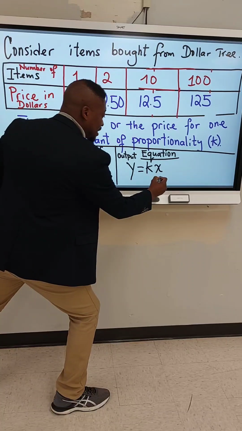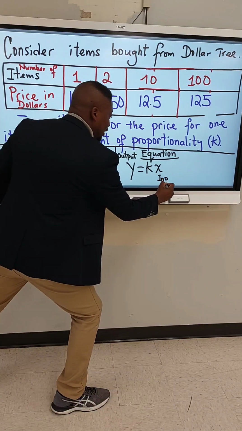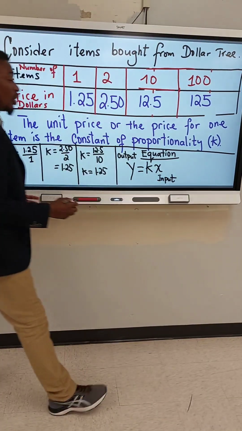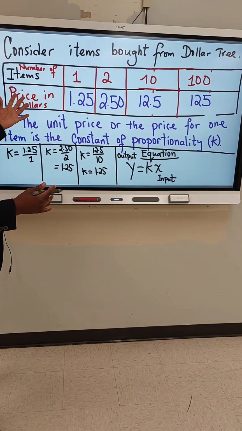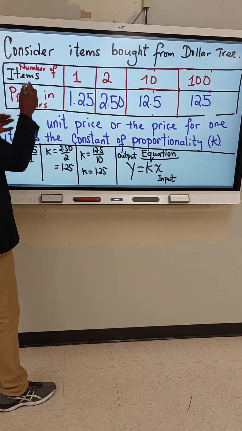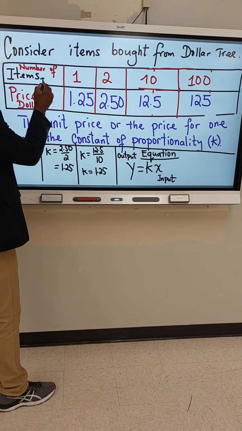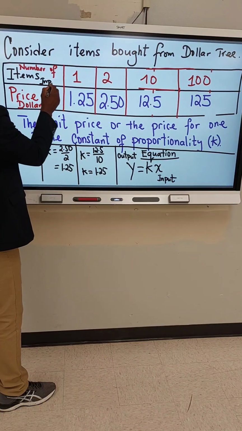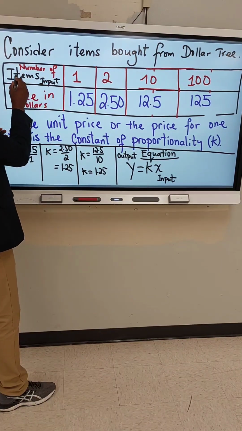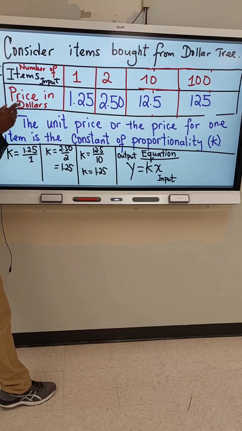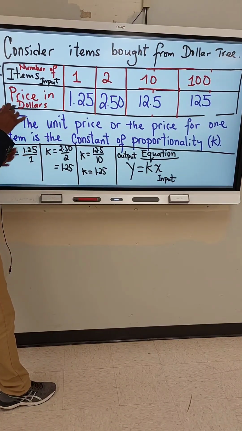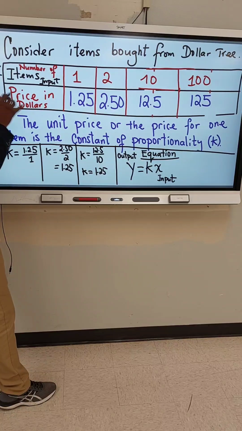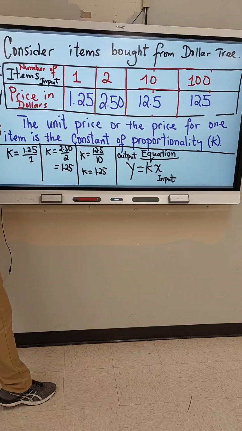The x-axis takes the input values. Now, it is for us to determine which one is the output and which one is the input on our table. The number of items is the input, because that is what you take in order to determine the price. So this is going to be your x values. The price depends on how many items you take. So that will be the dependent or the output, and this will be your y values.